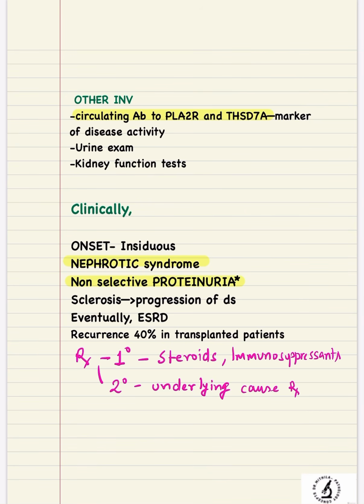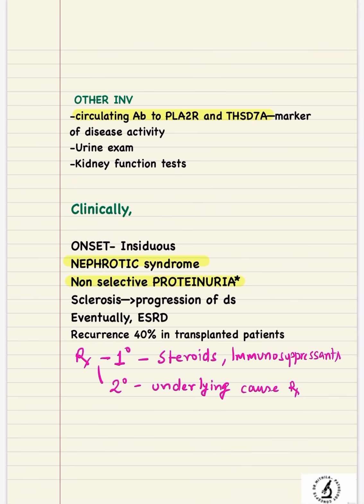We can see whether it is in the nephrotic range, or in the early stages it can be in the non-nephrotic range. Then in the nephrotic syndrome you can detect lipiduria in the urine. Then kidney function tests like serum creatinine and BUN will be used to assess the kidney function. All these investigations can also be done besides the renal biopsy, which is the most important.